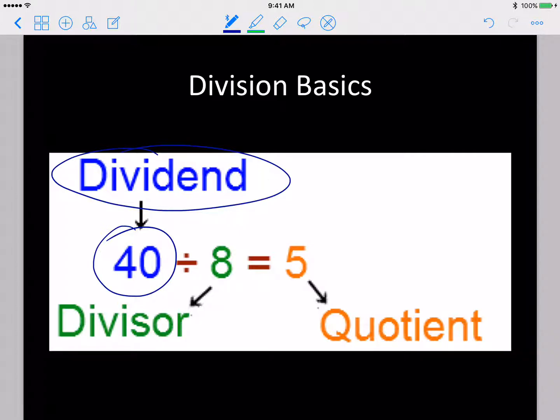Let's say I have a box of 40 paper clips, and I have 8 students in my classroom that need paper clips, and I want to distribute them equally. How many are they each going to get? So the dividend is your big number. It's the total number of objects. So total number, that's an abbreviation for number of objects. You all know that as a hashtag, but it can also represent the word number.